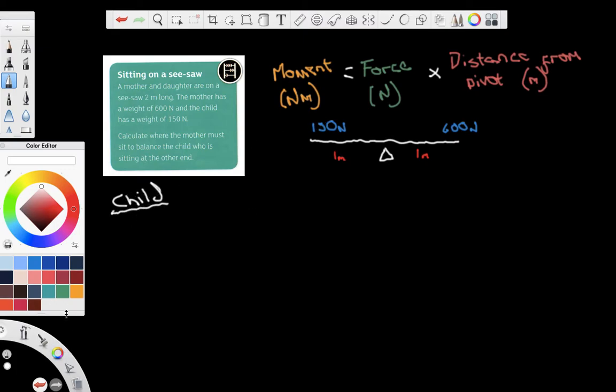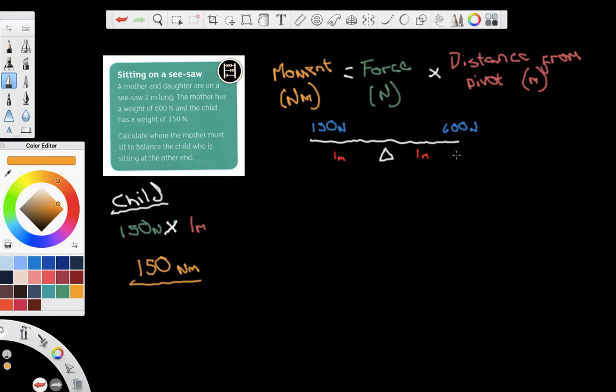Their moment is 150 newtons times 1 meter, because we're presuming they're sat at the end of the seesaw. That means they have a moment of 150 newton meters, because 150 times 1 is 150.